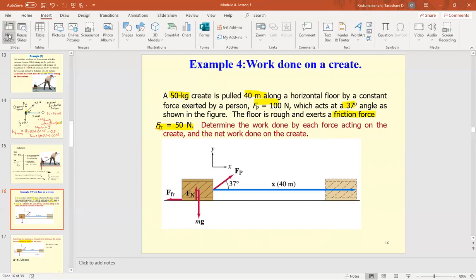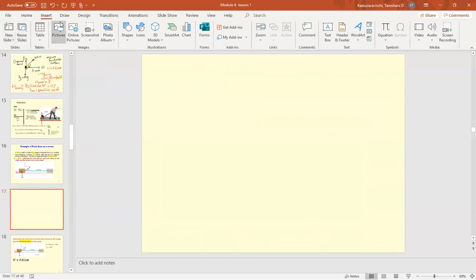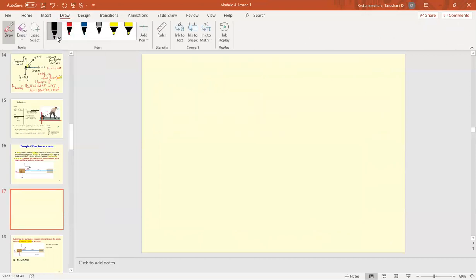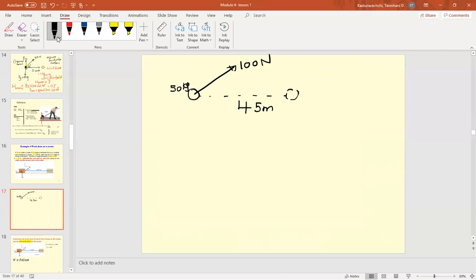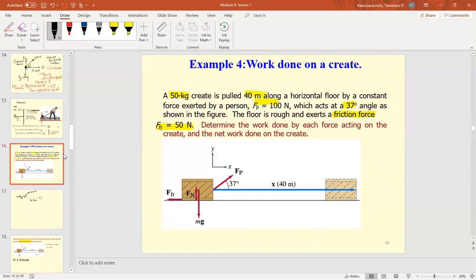Insert new slide. Okay, right. Before I forget, let me just put in the numbers. I have a 50 kilogram crate and you are moving it 45 meters, I believe, and you are applying 100 newton force at 37 degrees, and 40 meters.